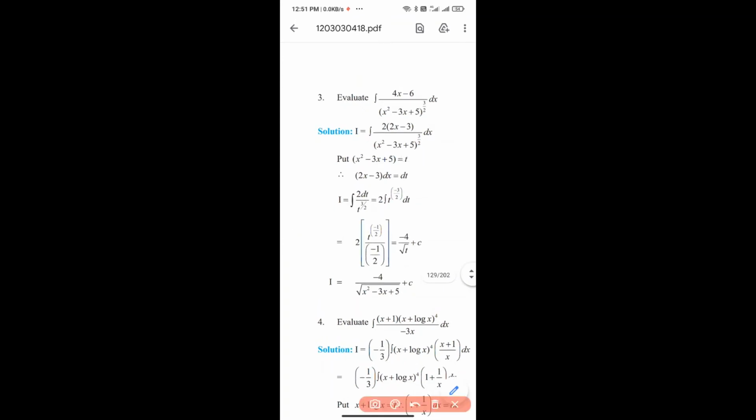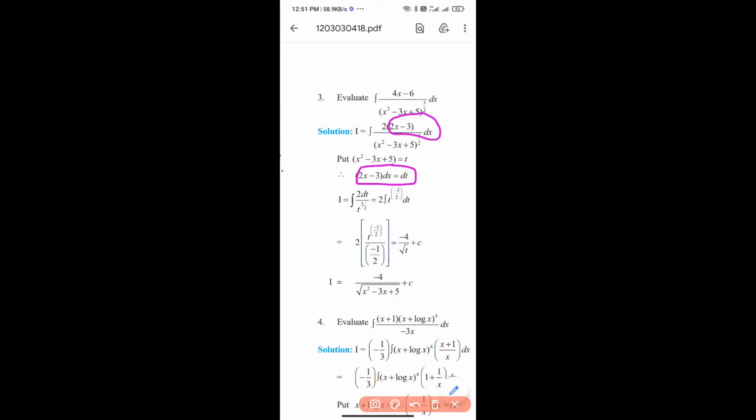So the question itself is formed like that, so that you should be able to predict that you have to take 2 common from here or adjust something else in that. So now 2x minus 3 dx is equal to dt we are going to put in here.